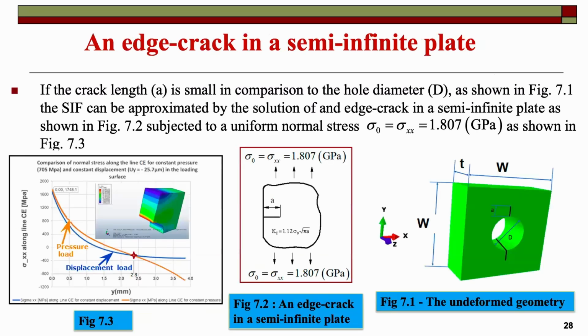And what we do, we applied this for a quarter of the model along the line CE. We apply the pressure of 705 megapascal and the displacement.